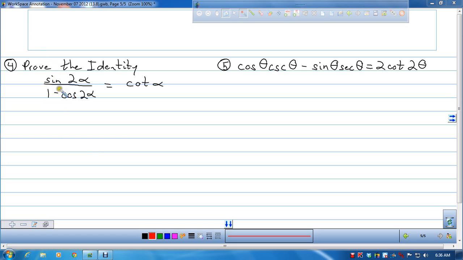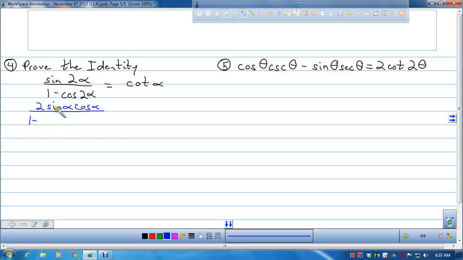So if we use the sine double angle, that would be 2 sine of alpha cosine of alpha, and I've got 1 minus now the cosine double angle.